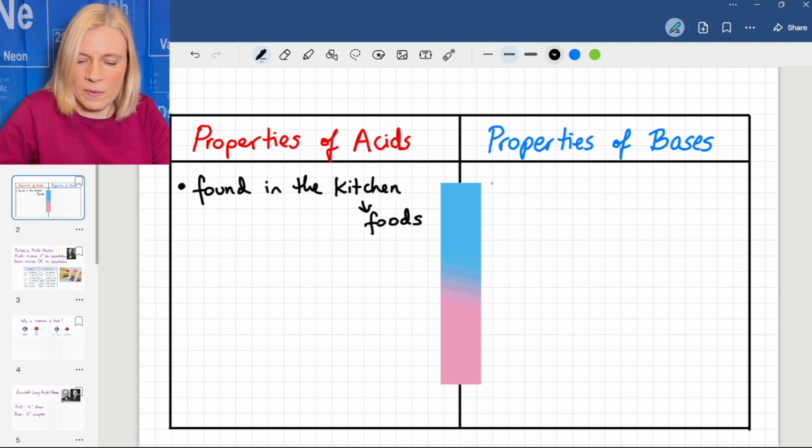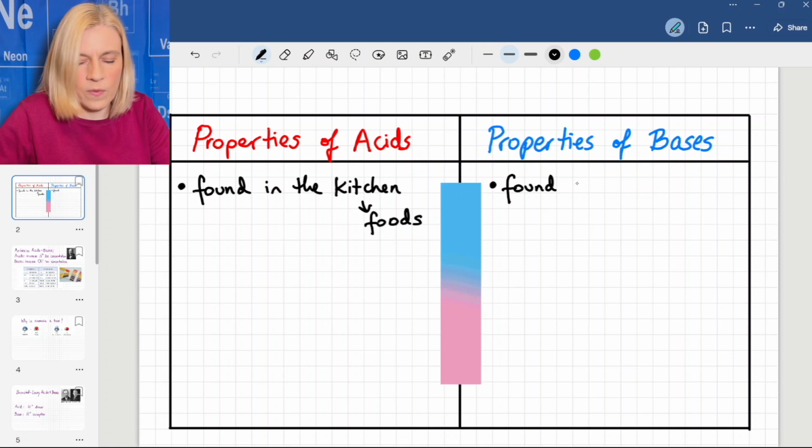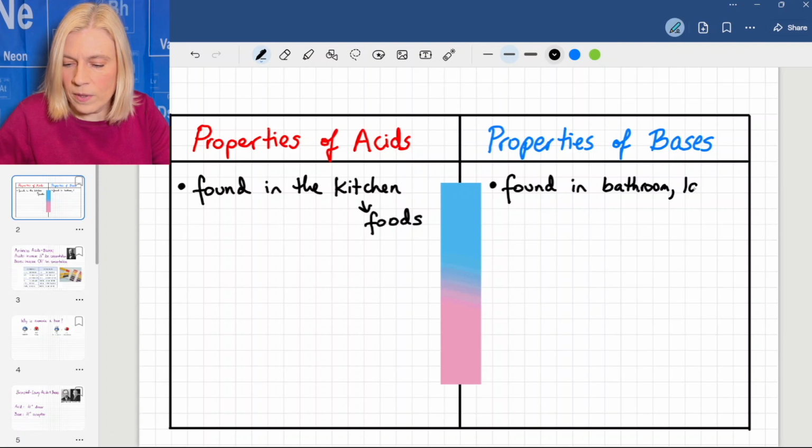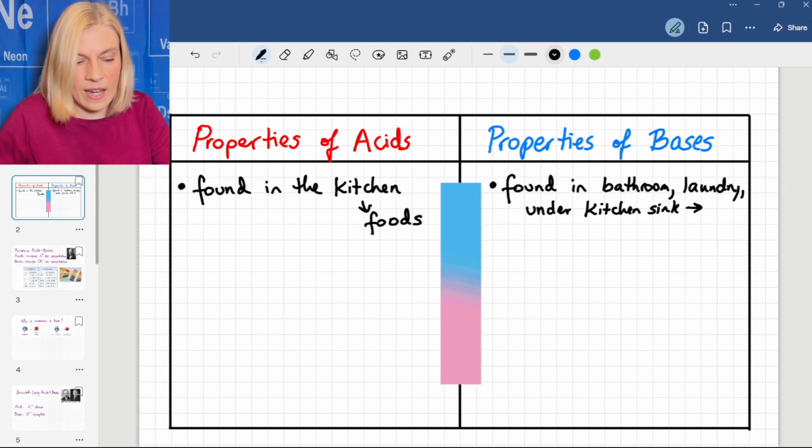Where are bases found? They are cleaning products. So they could be found in bathrooms, laundry room, or under the kitchen sink. They are cleaning products.